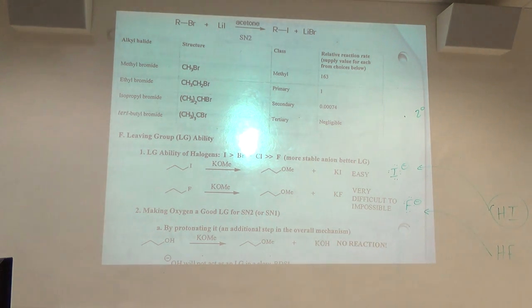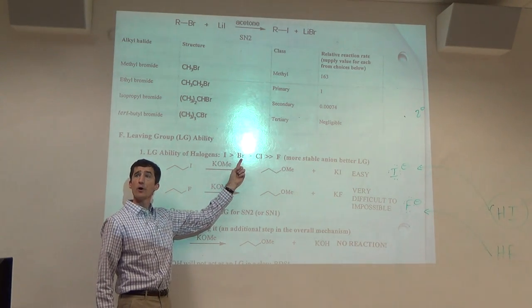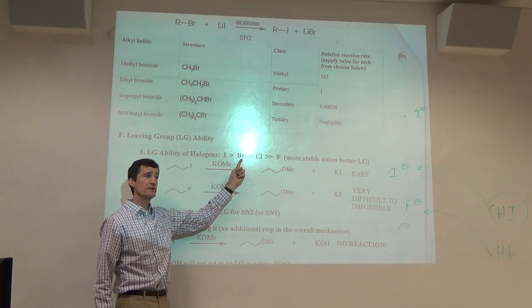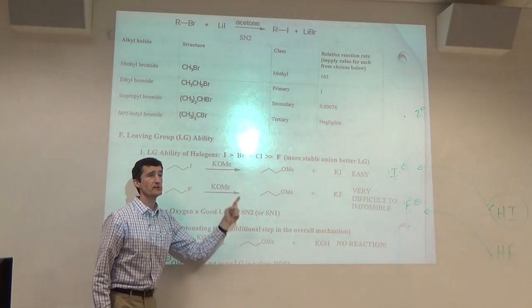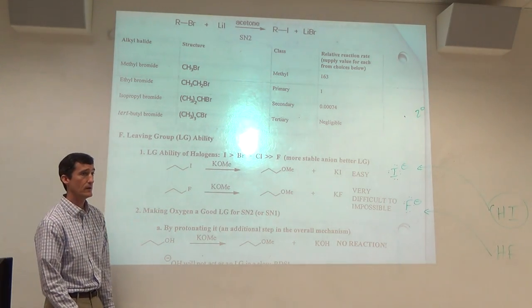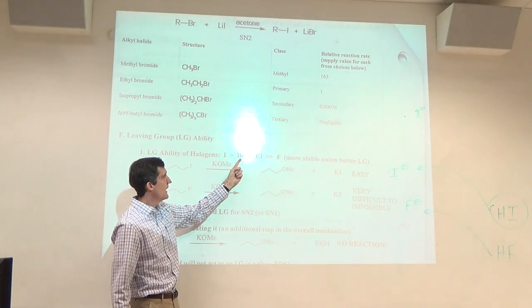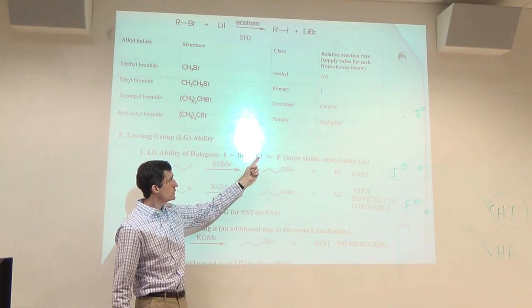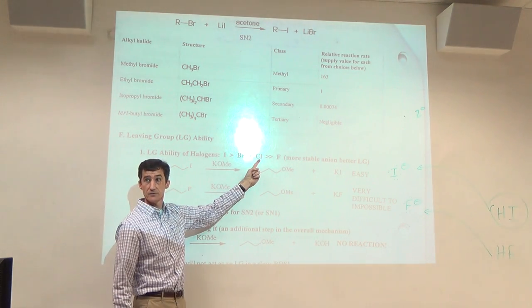Now in practice, usually bromine is used more often, for a couple of reasons. Iodo compounds tend to be more expensive. Iodo compounds tend to be less stable. Actually, you sometimes see chlorine used even more often because chlorine is the cheapest of the halogens.